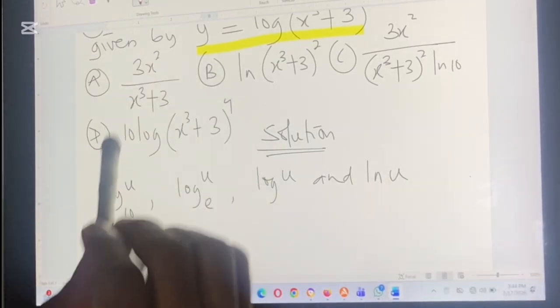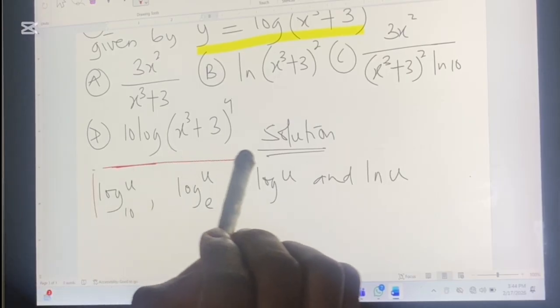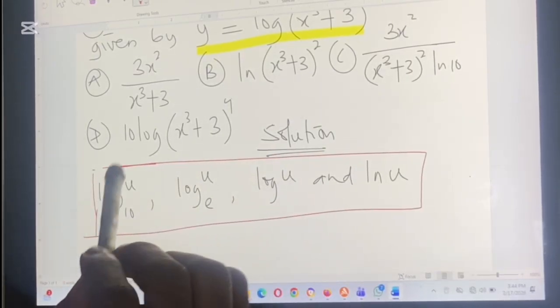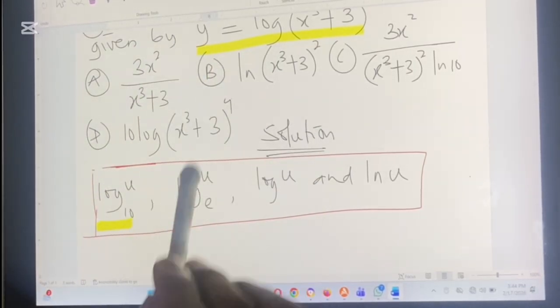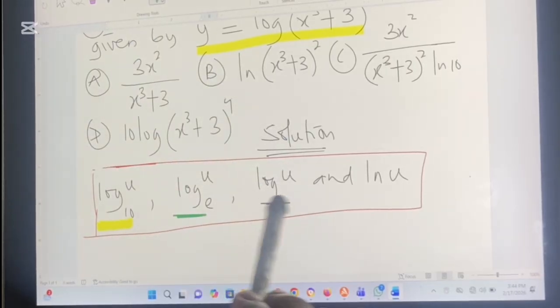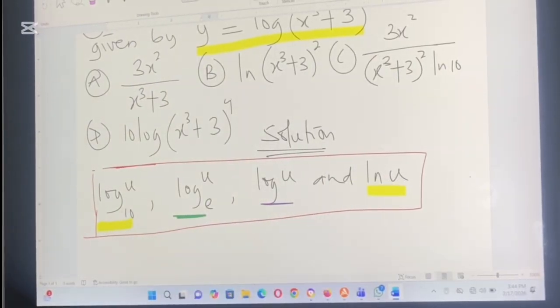So whenever you have a logarithm written in this format, either the first one here, or this or this or this, we call them natural log.